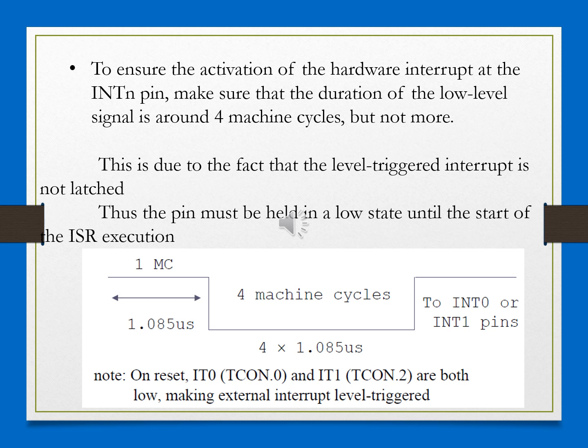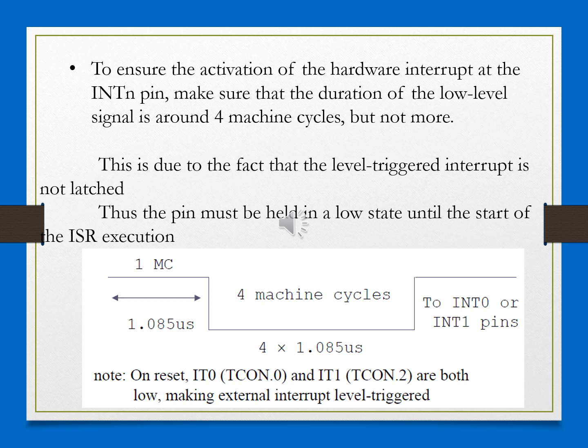That means the instructions you are using in the interrupt service routine should be so minimal that they are covered within these 4 machine cycles only. So the low level signal should be at least for the duration of 4 machine cycles, so that by this time the ISR will be started and completed. By the time this pin goes back to high level, the ISR is executed.